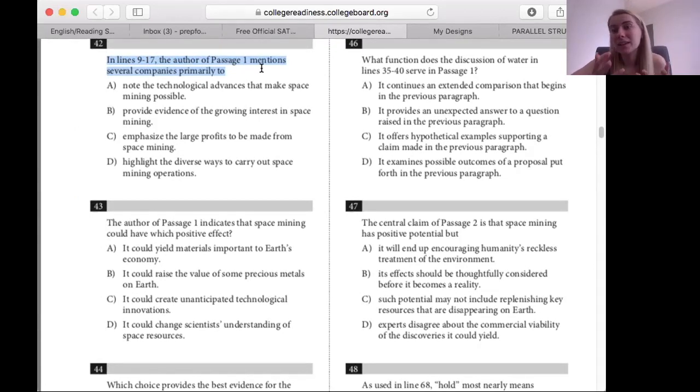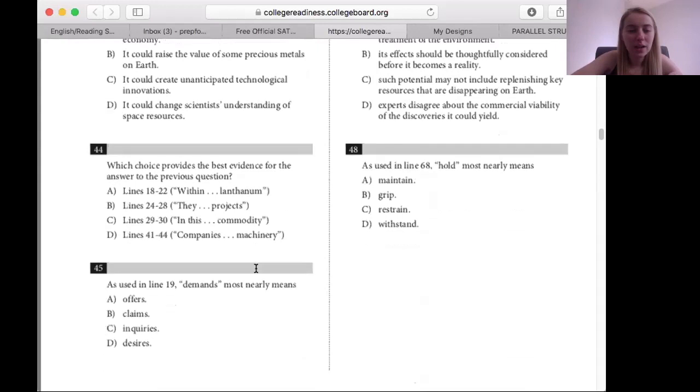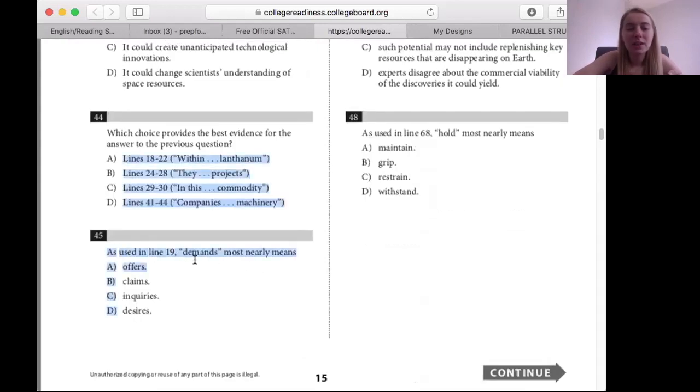maybe not exactly know what's going on because I didn't read above, below, and stuff, but at least if I read that general section, I can understand it a little bit more. Same with here. If I scroll down and I see here, as used in line 19, demand most nearly means. Well, in 19, I could read line 19, maybe a little bit above, a little bit below.